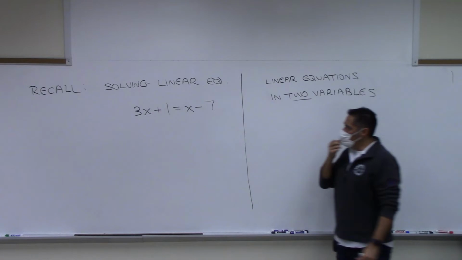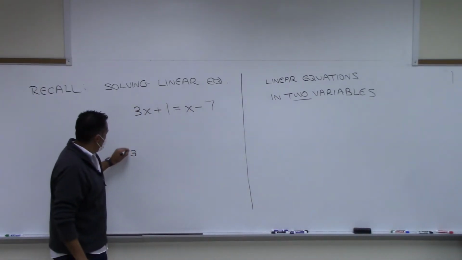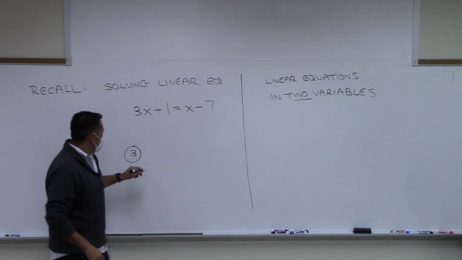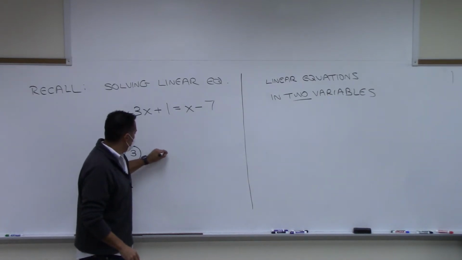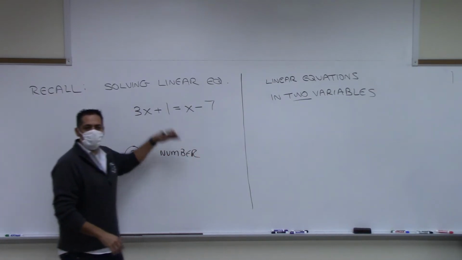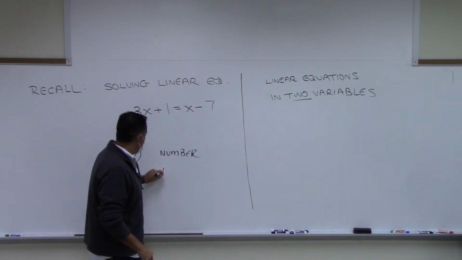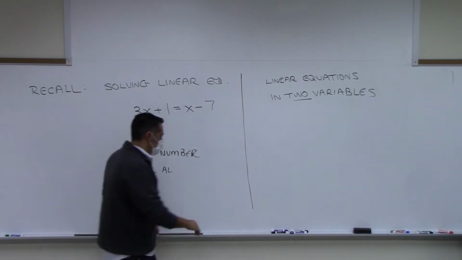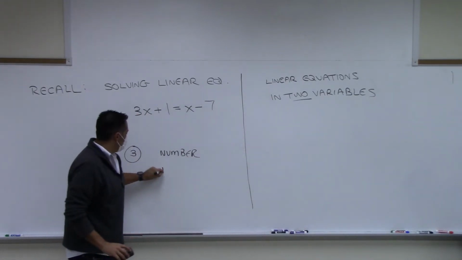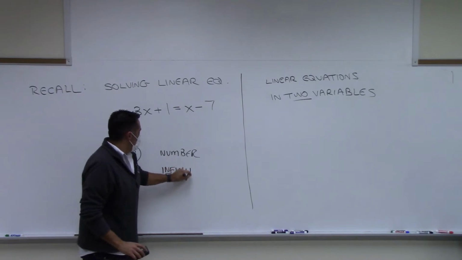So when we were doing these, if you remember, there was actually three possible things that could happen when you got an answer. First you could just get a number as an answer. So maybe you get, okay, x equals 2, all right? Or you could get infinite solutions, right?